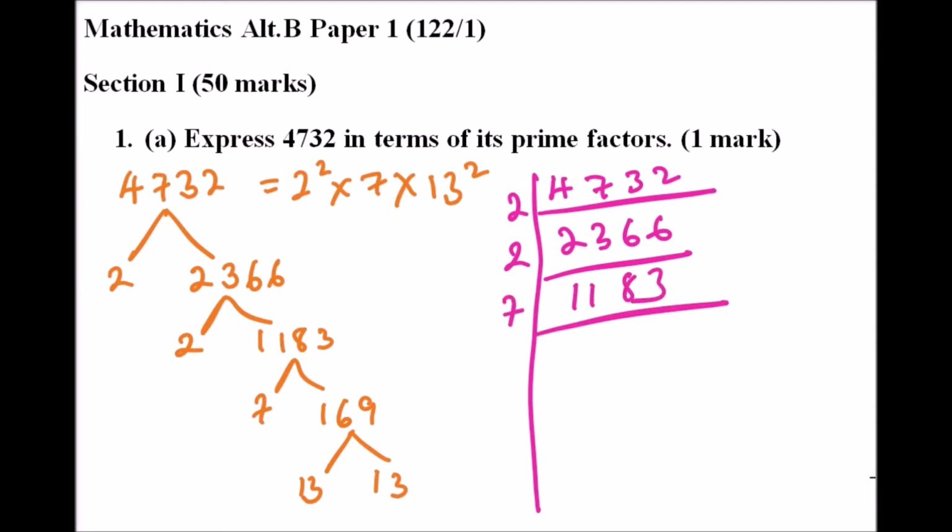We divide by 7, you get 169, and you divide by 13, you get 13. So you still get the same factors using that method. That is what you are expected to do there, and you get 1 mark.